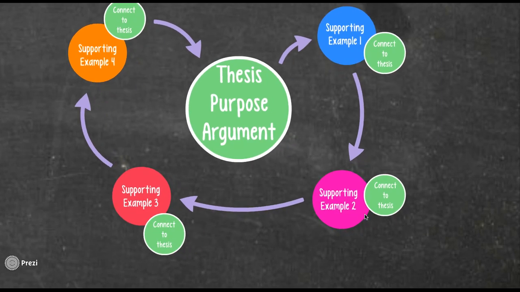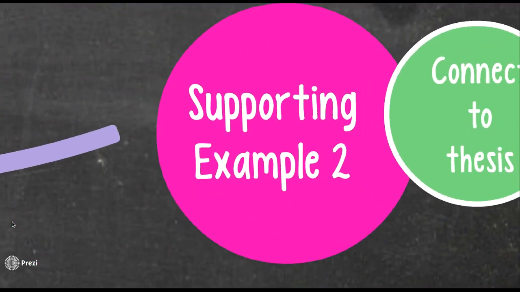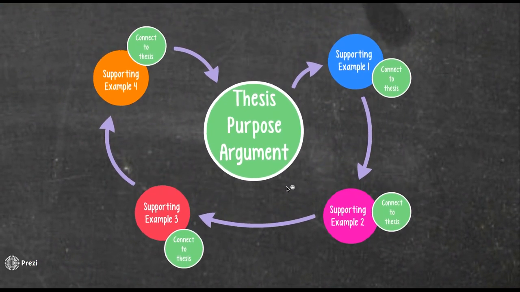So this whole thing could be 4 body paragraphs and then the introduction and conclusion, or it could be 8, because connecting it back to the thesis could be its own paragraph. So you could have the first body paragraph supporting example 1, and then the second body paragraph connecting to the thesis.